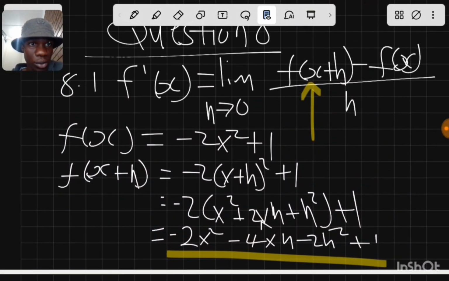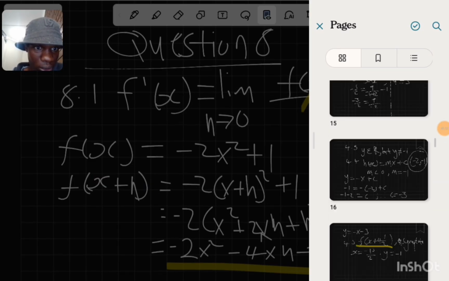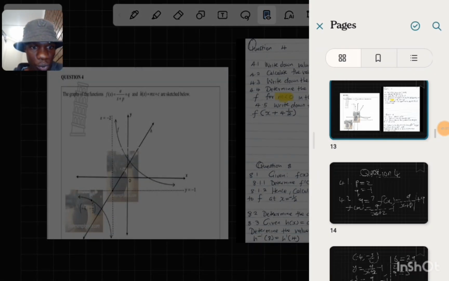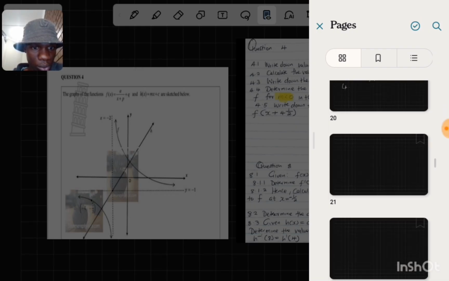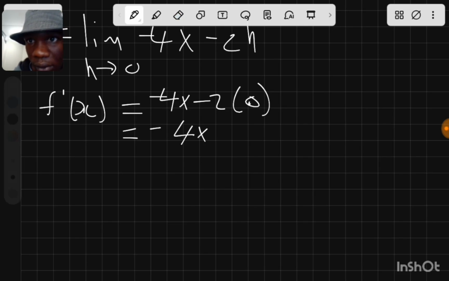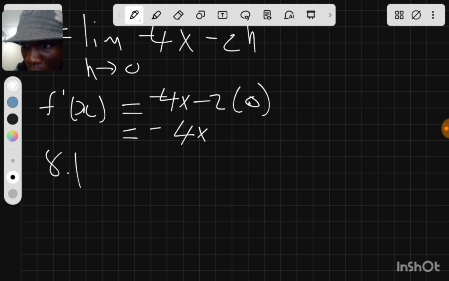I was checking which question that is. It's question 8.1.2. Now they need the gradient.